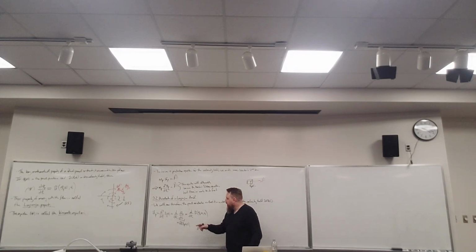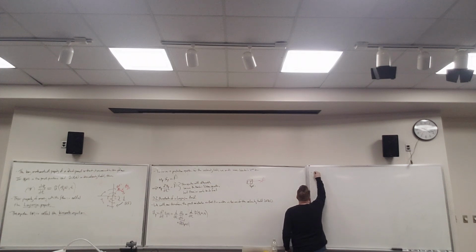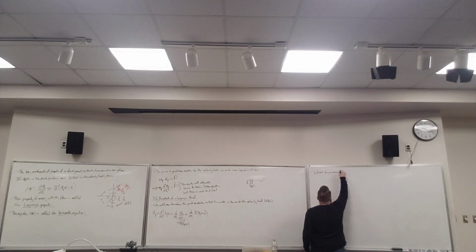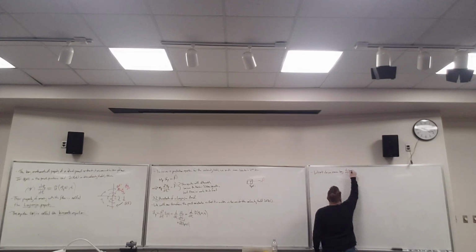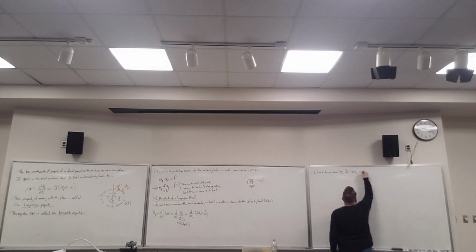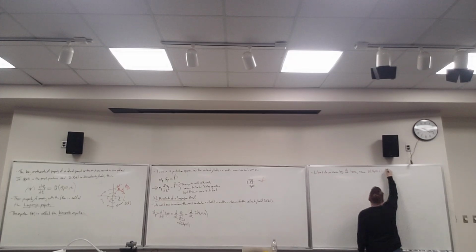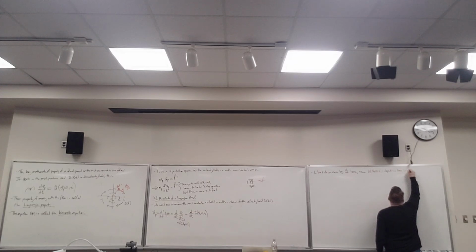So there's a little bit of confusion here. What exactly do we mean by this rate of change? How do we sort this out? It's helpful, in my opinion, to go back to the definition of the derivative and write out this expression in terms of that definition. So what do we mean by d by dt here, since u of xp of t depends on time in multiple ways?